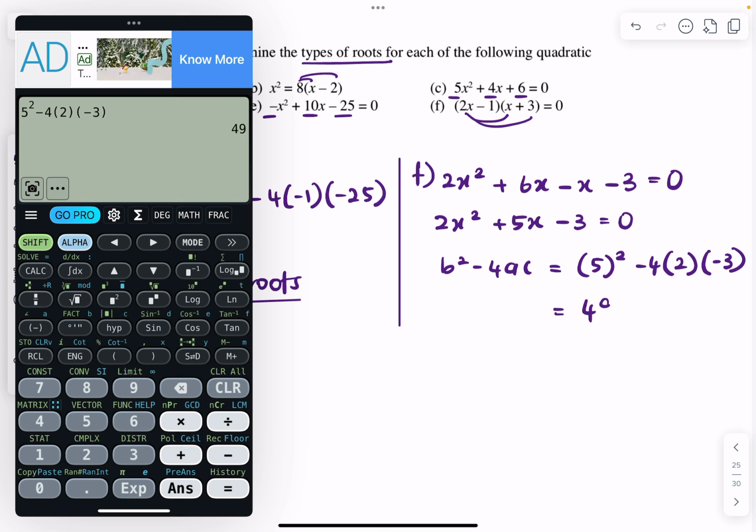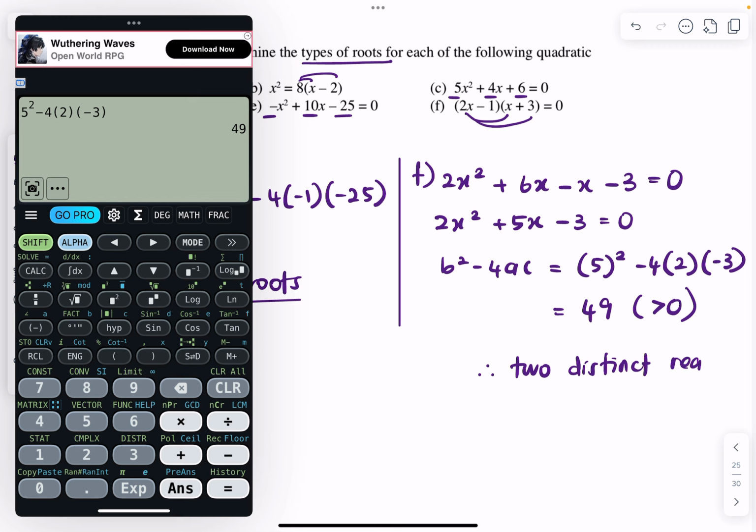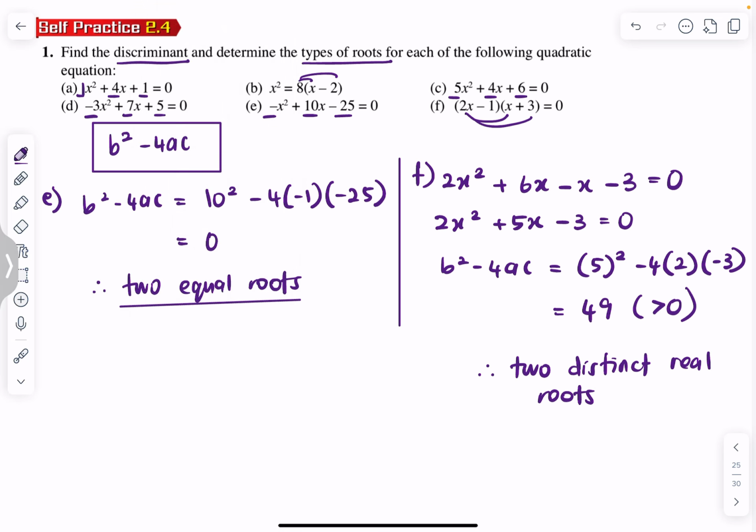We get 49, which is more than 0. So if more than 0, we will get two distinct real roots. That means two different real roots, because here when b square minus 4ac is more than 0, the graph will cut the x-axis. So these are real roots lah. Imaginary roots means will look something like this, where the graph doesn't cut the x-axis. This is imaginary roots. Okay, done. That's it.